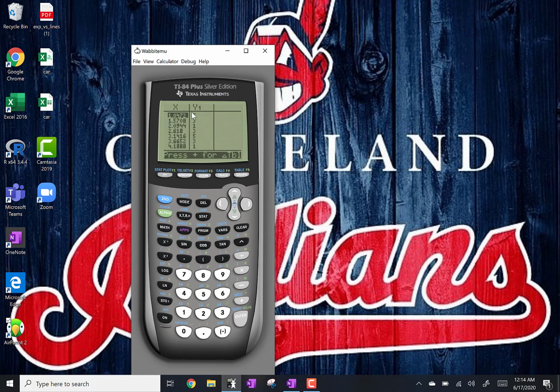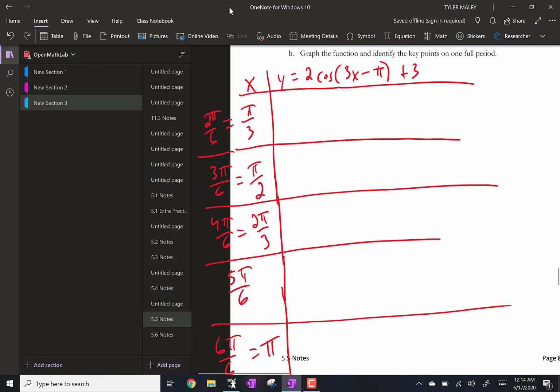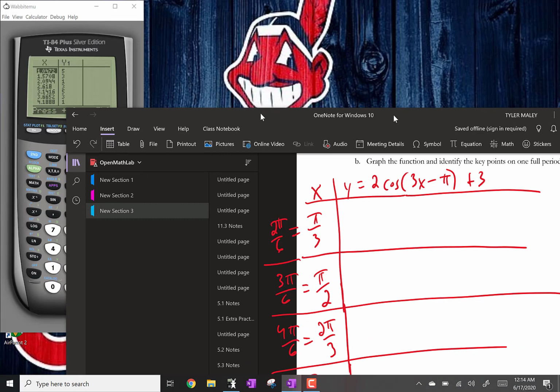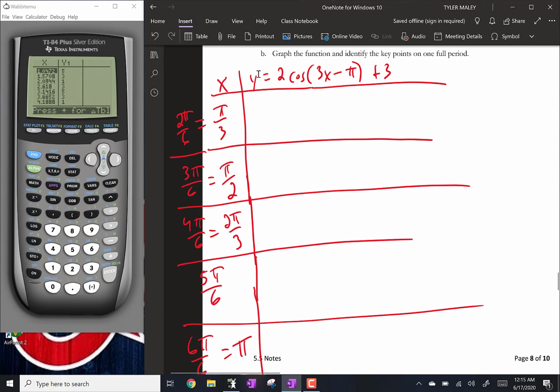There, get a table. So then here's the table I need, right? These are the numbers to fill in. Right, so pi over 3 would be the first one. So this would be 5, 3, 1, 3, 5.